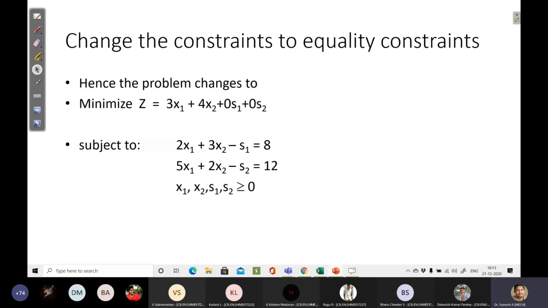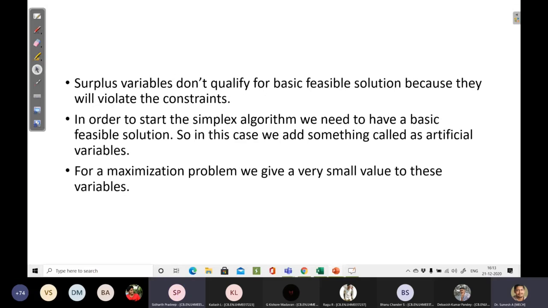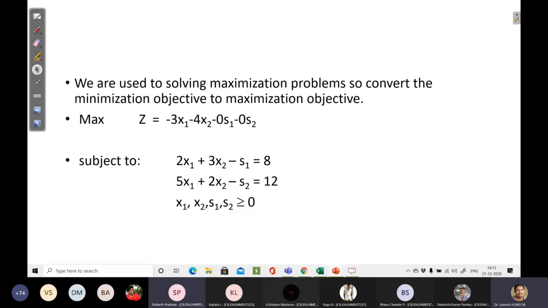Now, what is the issue here? Both S1 and S2 are negative coefficients here. They are not positive coefficients. So now how to tackle it?